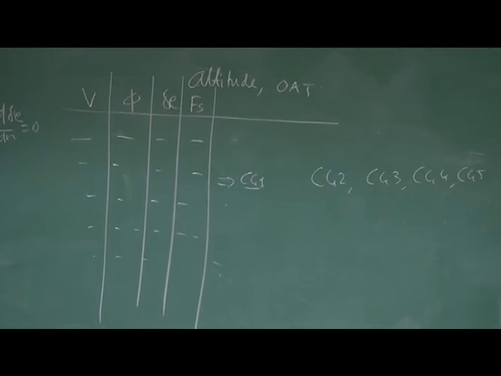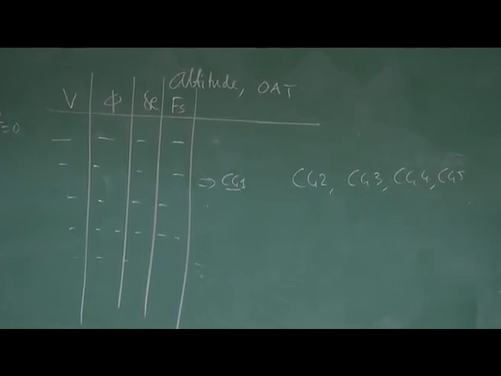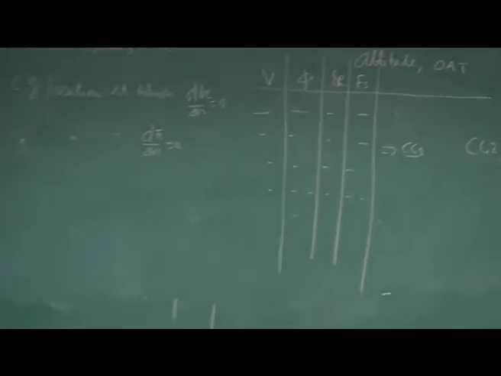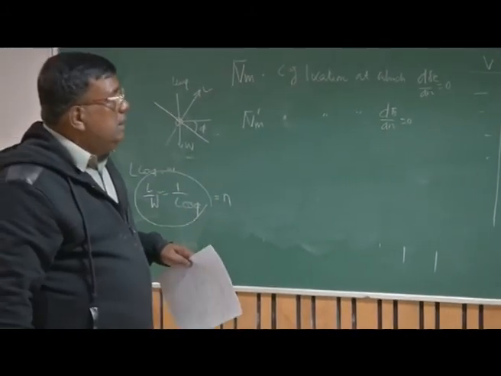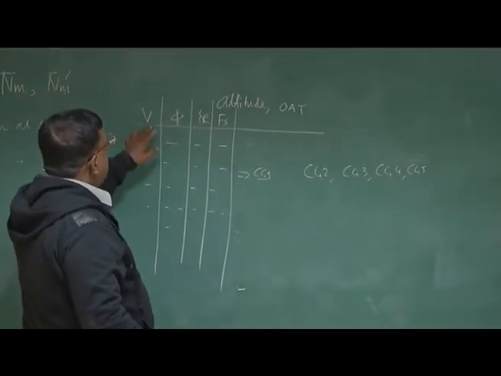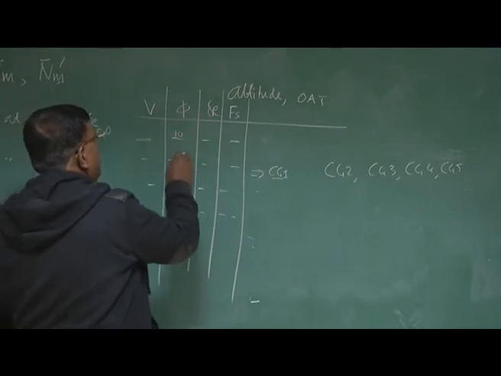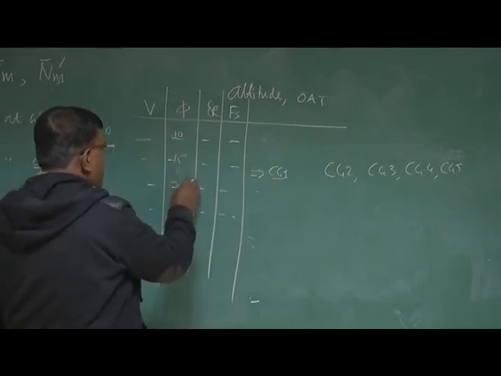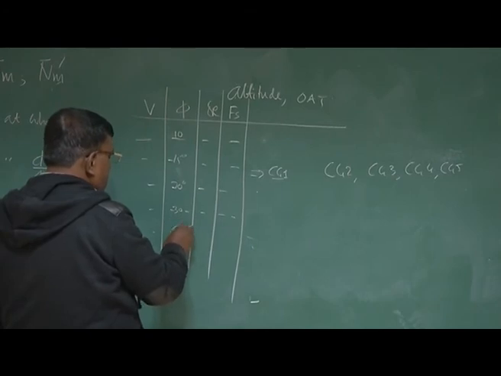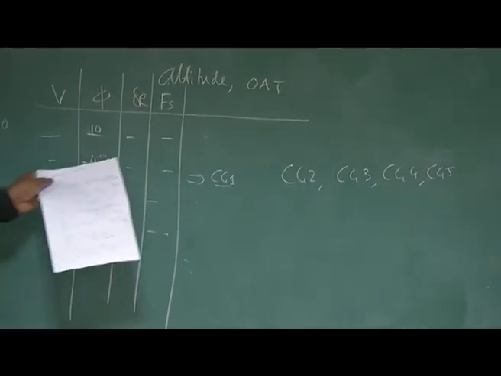So I take 2 passengers and go for a bank turn, then 3 passengers, so different CG, 4 passengers, different CG, 1 passenger, different CG. Like that, for different CG configurations I fly, and I generate this data. Let's say this could be 10-degree bank, 15-degree, 20-degree, 30-degree, 45-degree. And measure what is the delta E required, what is the V, and what is the stick force I am getting.